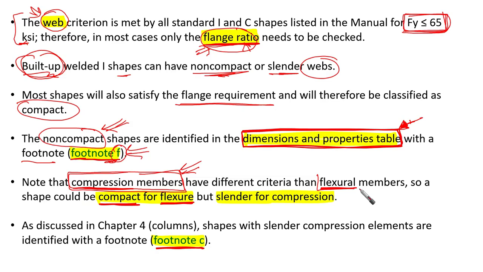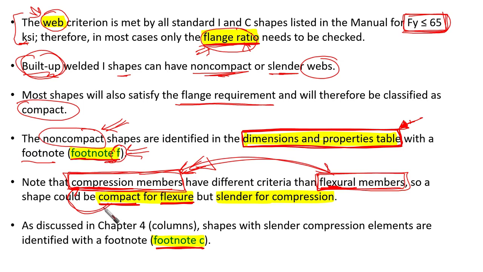For flexural members, maybe the section that was slender for compression is going to be compact here. So they are different. Take care. The sections for compression members are different than for flexural members. Maybe it is compact for flexure, so do not say that it was slender when I was designing the column with this section.